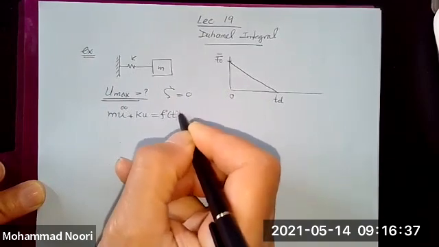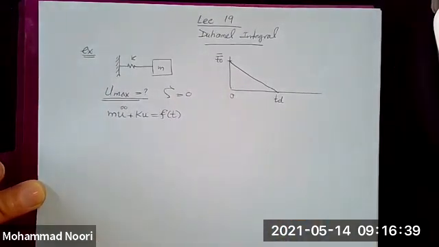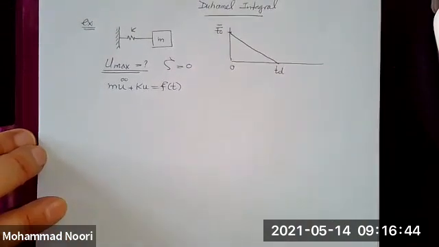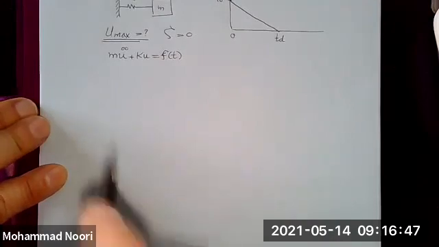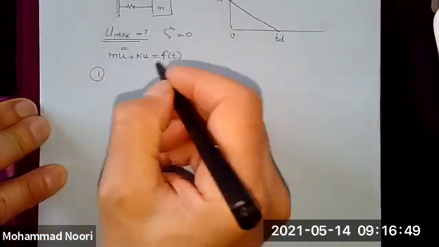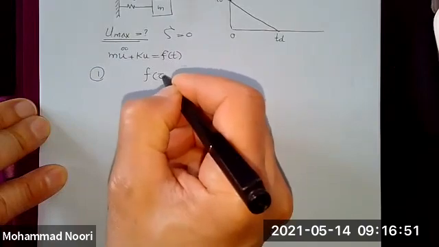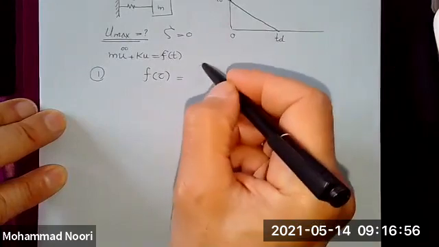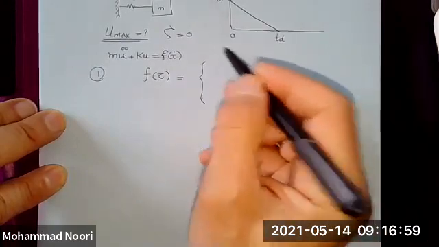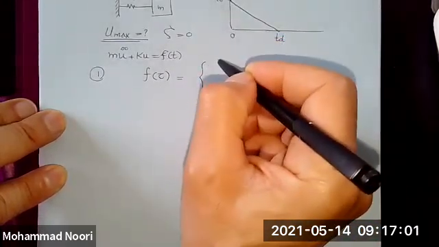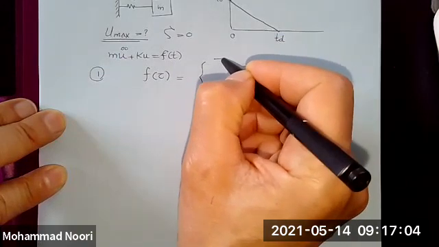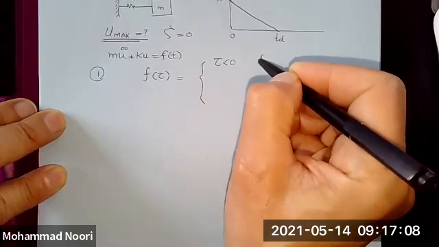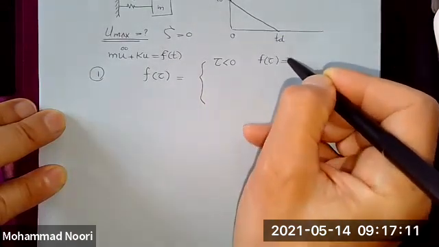As we said last time, for Duhamel integrals, step one is writing the function in terms of a dummy variable tau. It is a discontinuous function, so there are basically three regions. When tau is less than zero, this function f of tau is zero.